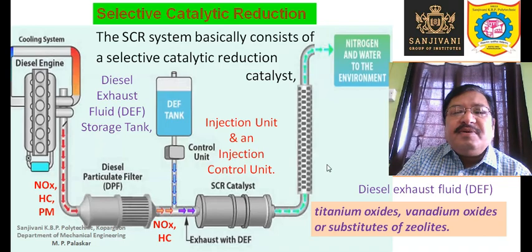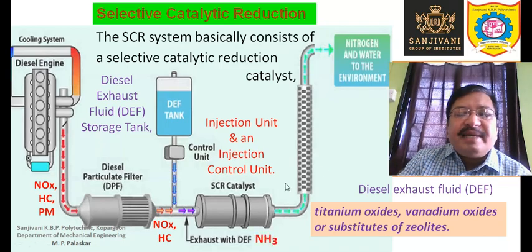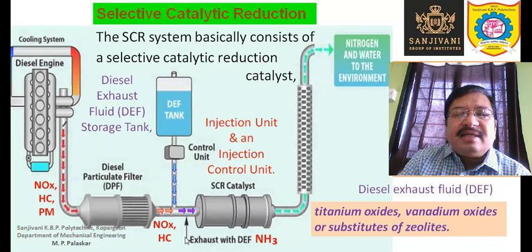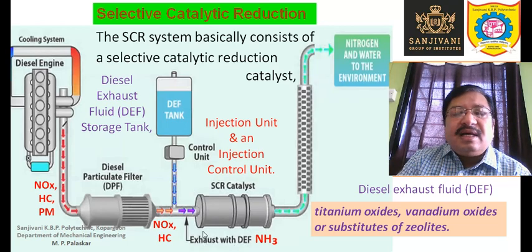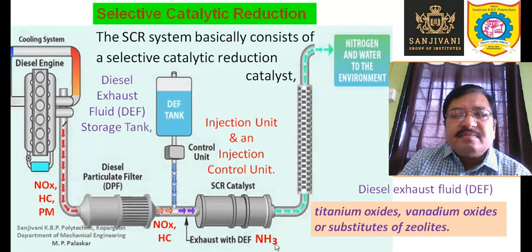So this fluid comes in contact with the exhaust gases. The exhaust gases are at very high temperature, and due to that this diesel exhaust fluid gets converted into ammonia by absorbing the heat from the exhaust gases.